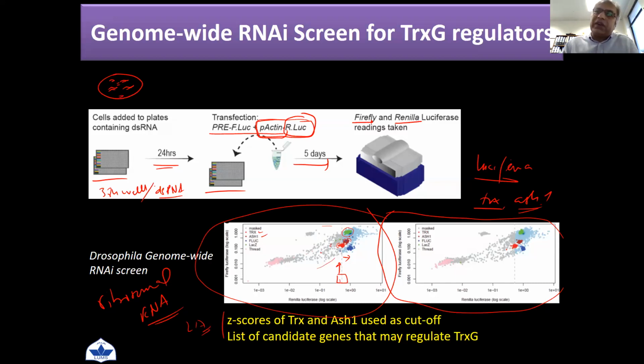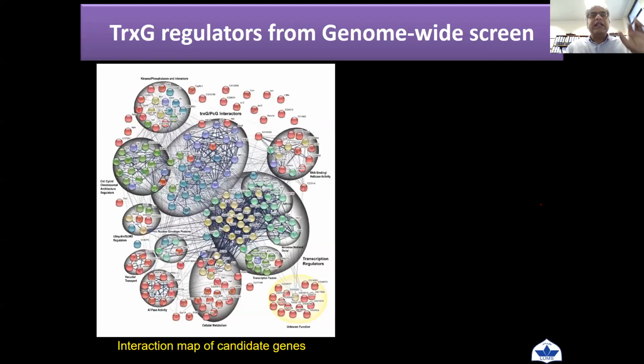The z-score of trithorax and Ash1 was used as the cutoff: anything which affects a PRE luciferase like trithorax and Ash1 is our potential trithorax candidate.